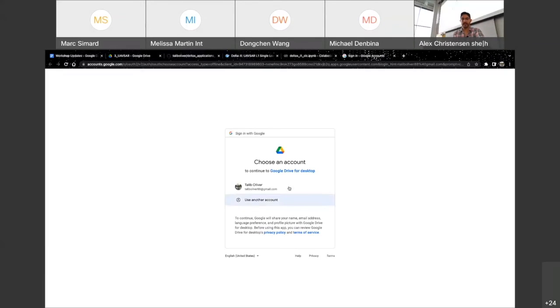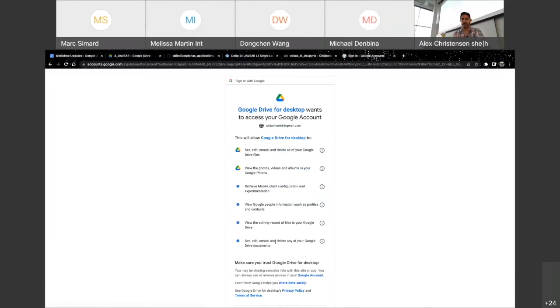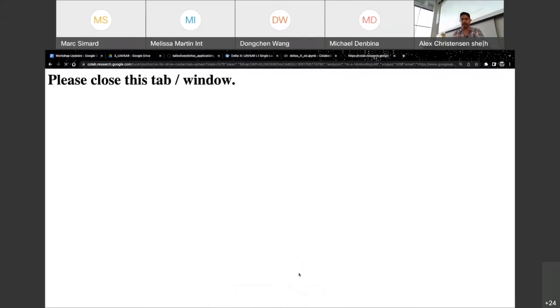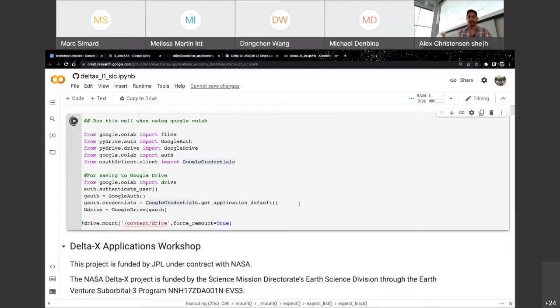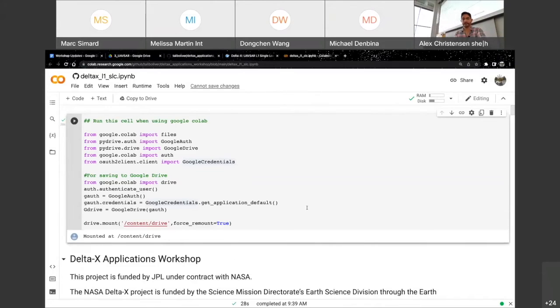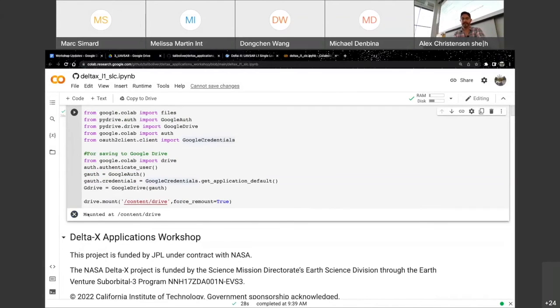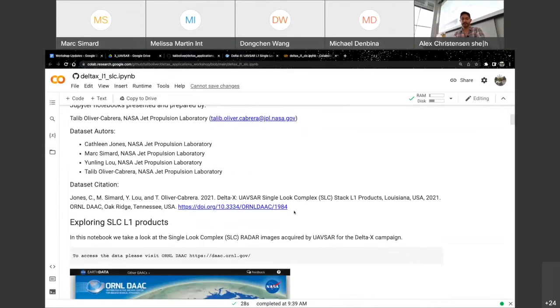Connect to Drive. Okay, so everyone knows already, once it's mounted, we are ready to go.